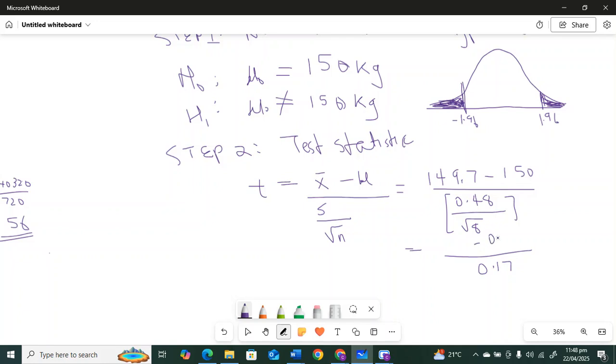Is it negative 0.3? Okay, negative 0.3 divided by 0.17 is negative 1.764.